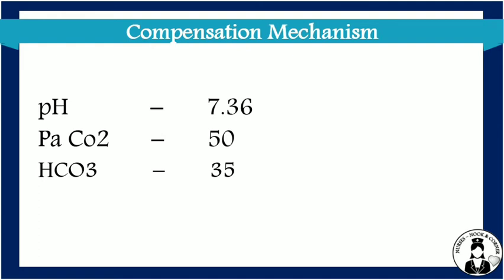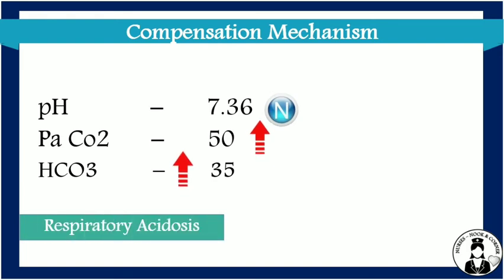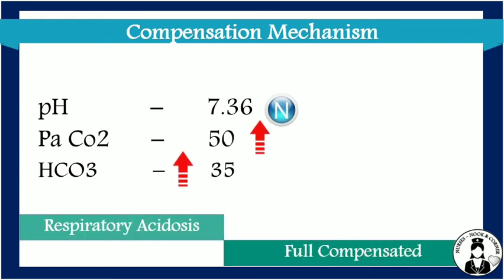Since it is an acid, it is nearly associated with acidosis. So here the condition is respiratory acidosis, and HCO3 is also increased to compensate the pH to become to normal value. Hence the condition is respiratory acidosis, which is fully compensated.